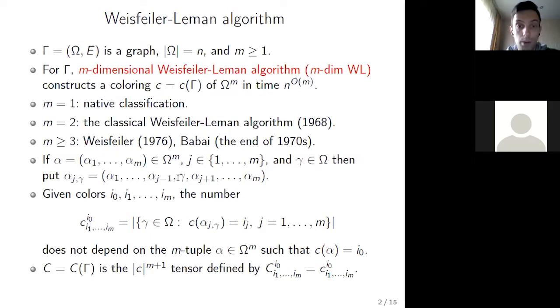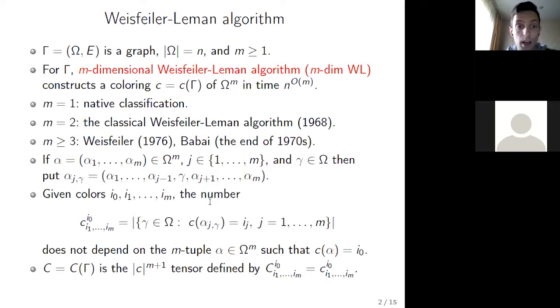And now we are ready to formulate the property. Given colors i0, i1, ..., im, the number of elements gamma from omega such that the color of alpha with index g and gamma is equal to ig, where g runs over from 1 to m, does not depend on the choice of alpha such that the color of alpha is equal to i0.